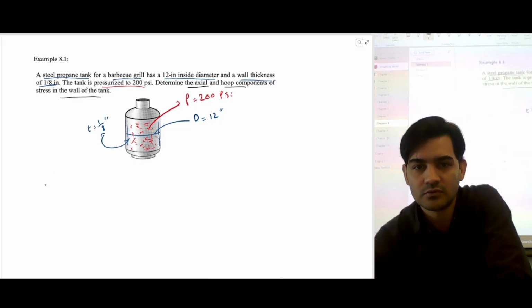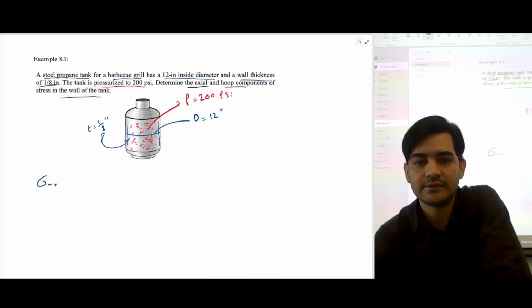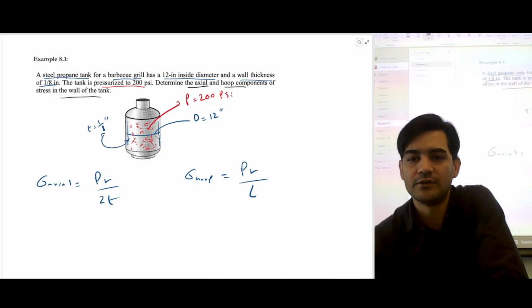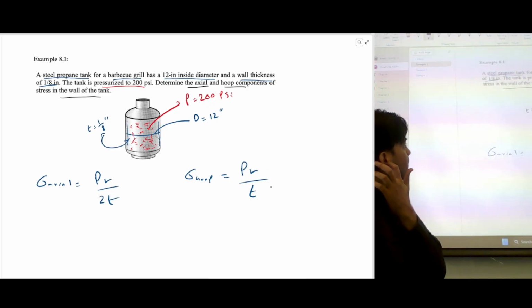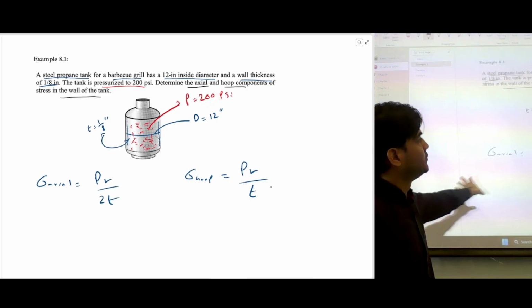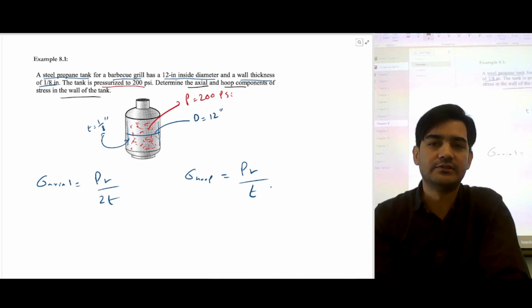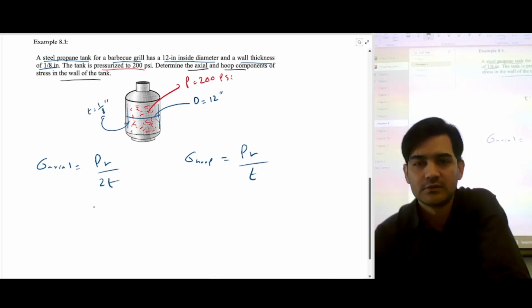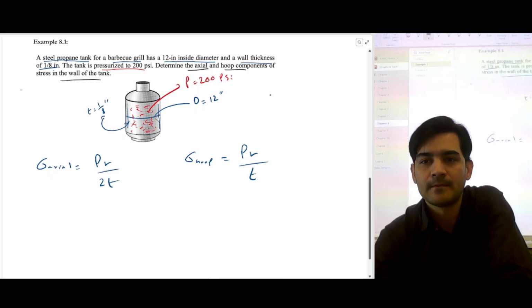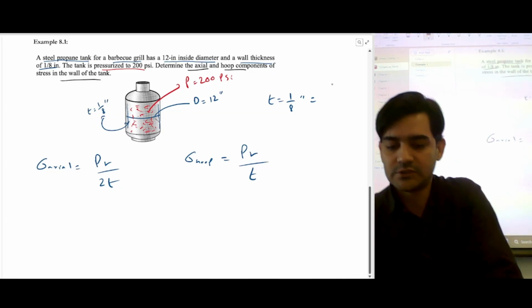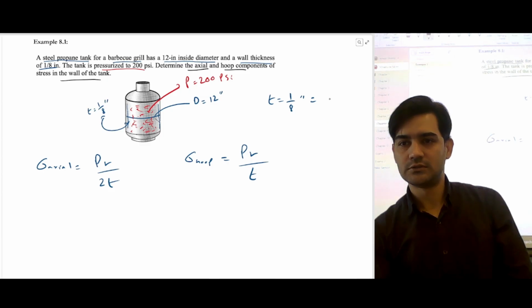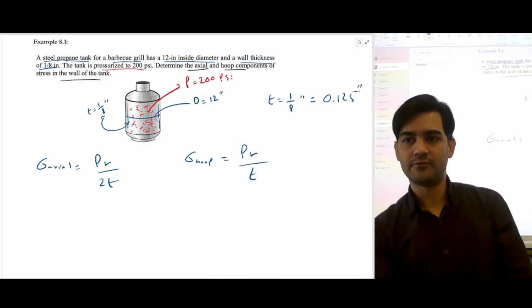So we know that axial stress is PR over 2T and hoop stress is PR over T. So using these two equations, we can basically calculate the axial stress and the hoop stress. Thickness is 1 over 8 inch, which is equal to 0.125 inches.